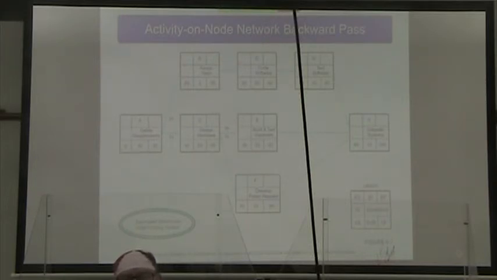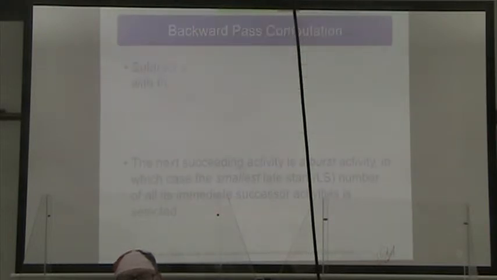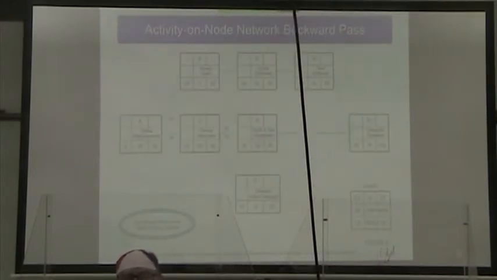So in this case, it's 35. We have 35 here, 70 here. Oh, come back here. All right, so when it becomes 35, we subtract 25 for our duration, we get 10.